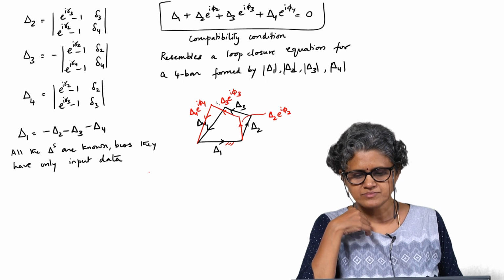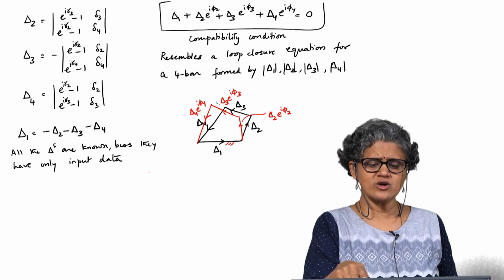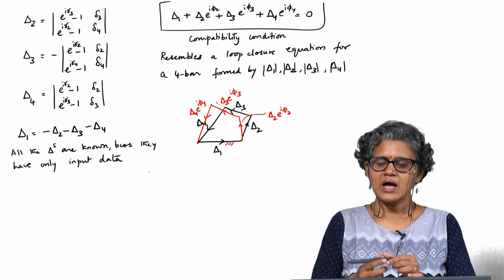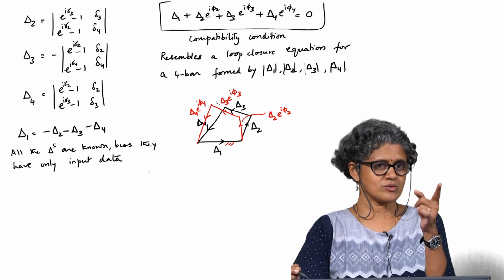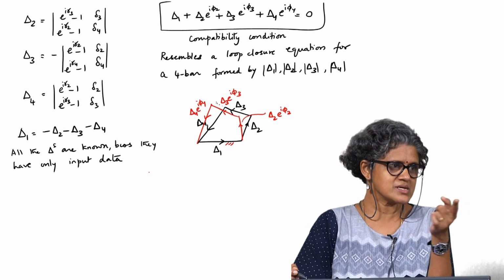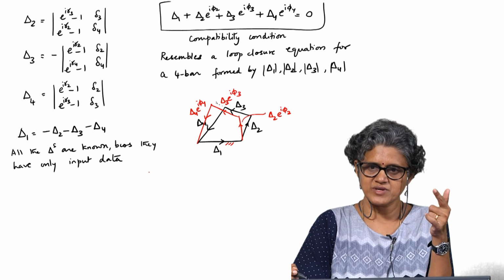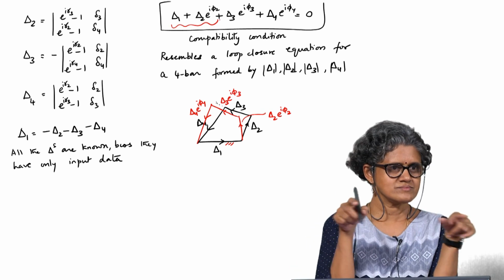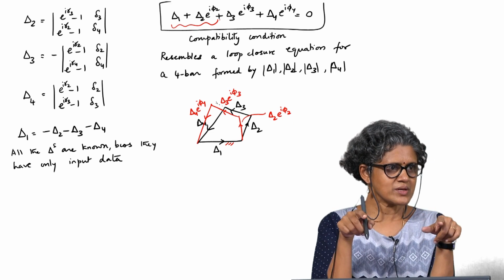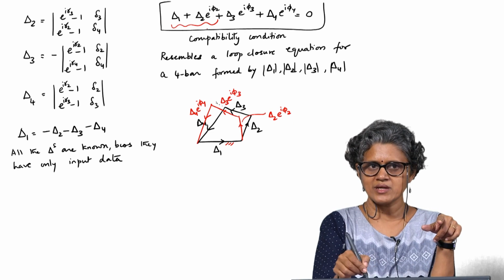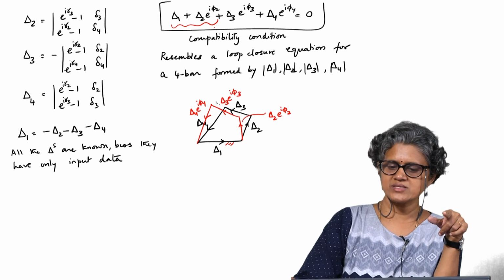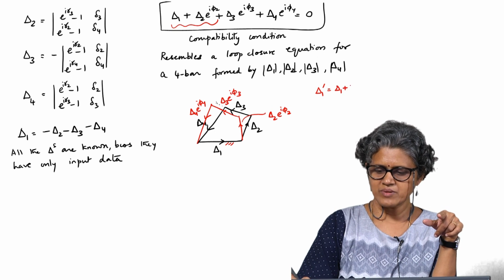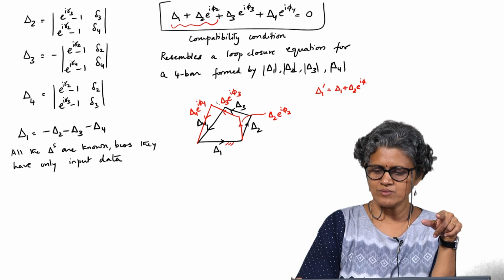You can also look at this as, because phi 2 is your input, your free choice, I can also use the same code that I wrote for my other one, that D1 plus D2 plus D3 for the fixed pivot, because this vector I can take it and I can call it repeatedly. I can check compatibility by doing that, because this then becomes a known quantity, right. So, I can look at this as delta 1 dash equal to delta 1 plus delta 2 e power I phi 2.